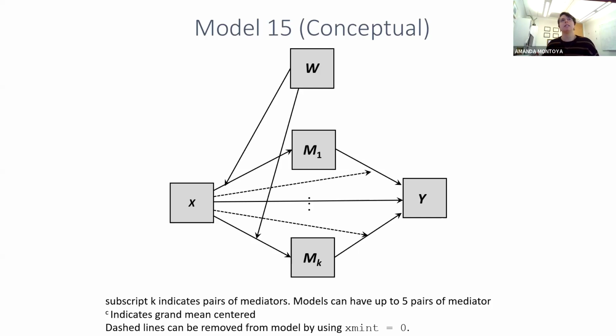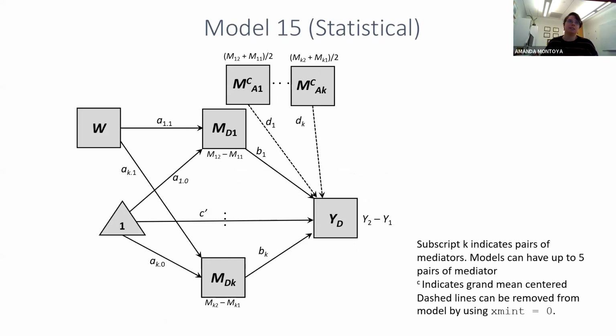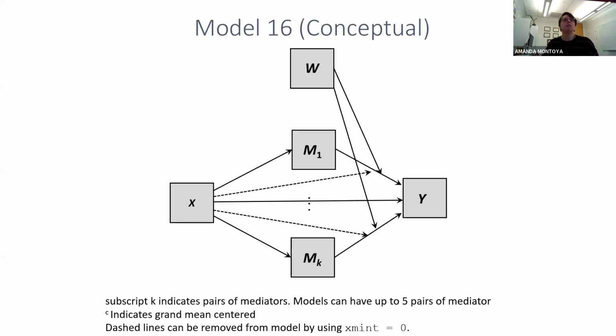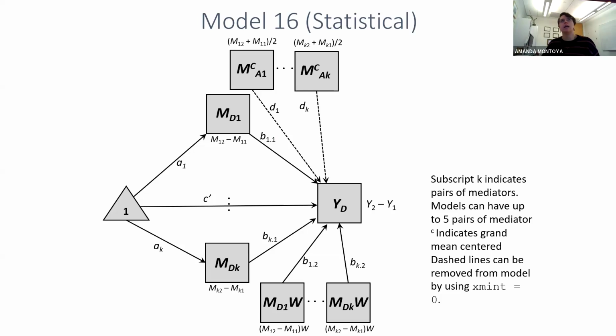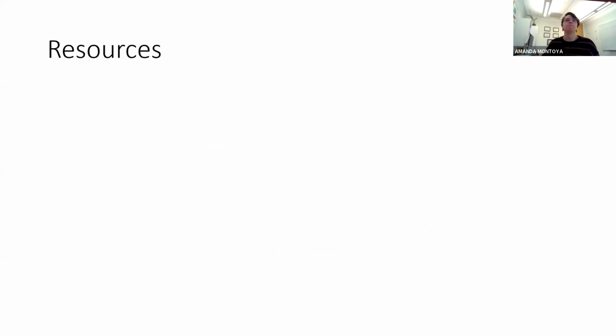So we have every combination available, and every model comes with a conceptual and statistical diagram so that you can understand all the bits and pieces that are going on. We also have models like model 16, which only allows the path from M to Y to be moderated. So this would be equivalent to model 14 in PROCESS, if you're familiar with the PROCESS modeling system. And again, statistical diagrams for each.